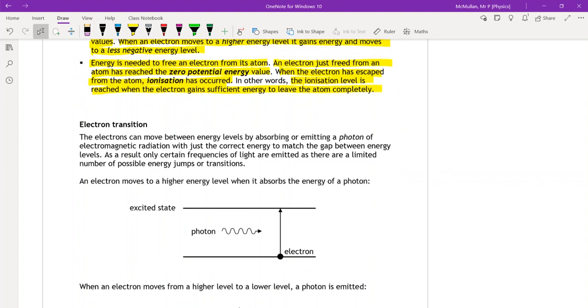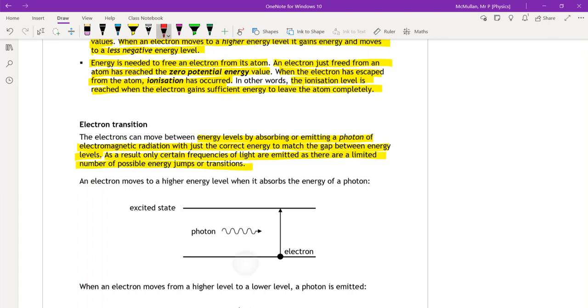Here we've got a little example. Electrons can move between energy levels by absorbing or emitting a photon with just the correct energy to match the level. As a result, only certain frequencies of light are emitted, and there's a limited number of possible energy jumps.